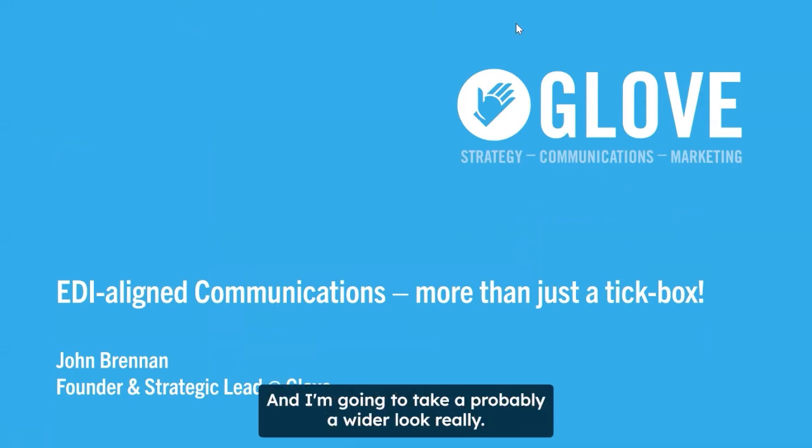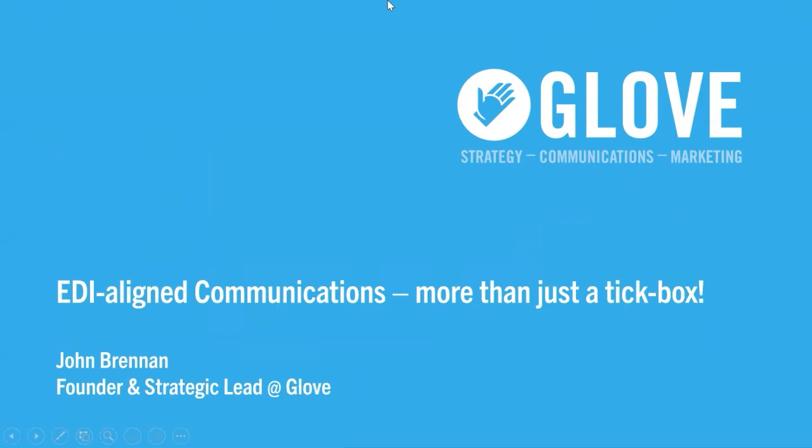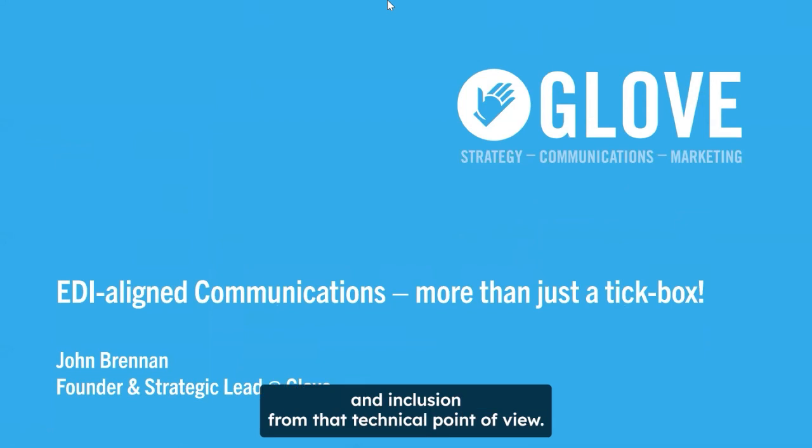And I'm going to take probably a wider look, really. Clearly, the guys have been talking quite a bit about websites and accessibility and inclusion from that technical point of view.